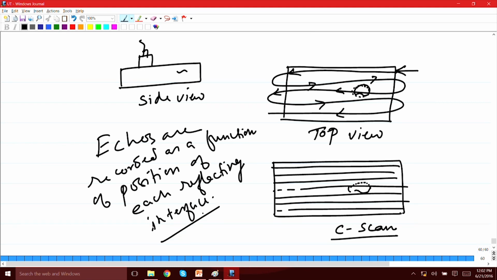And with that you will get a scan and a view like this. Okay. So, these are the different types of scans or views, displays in case of ultrasonic testing.